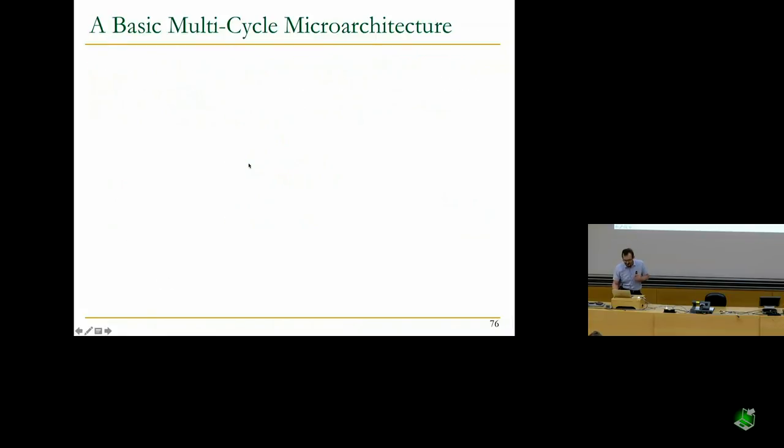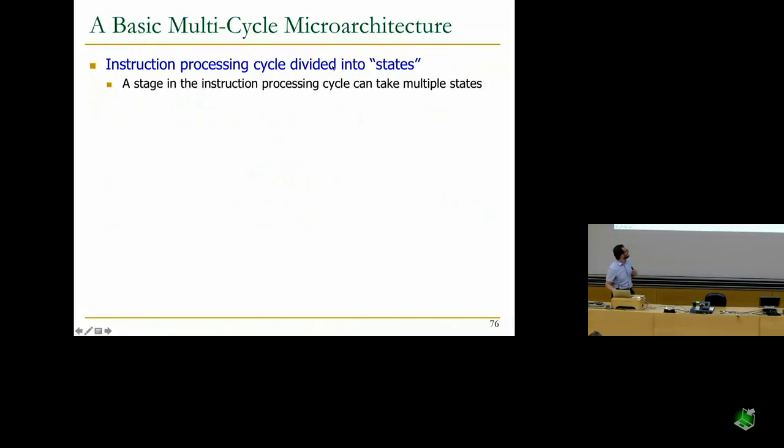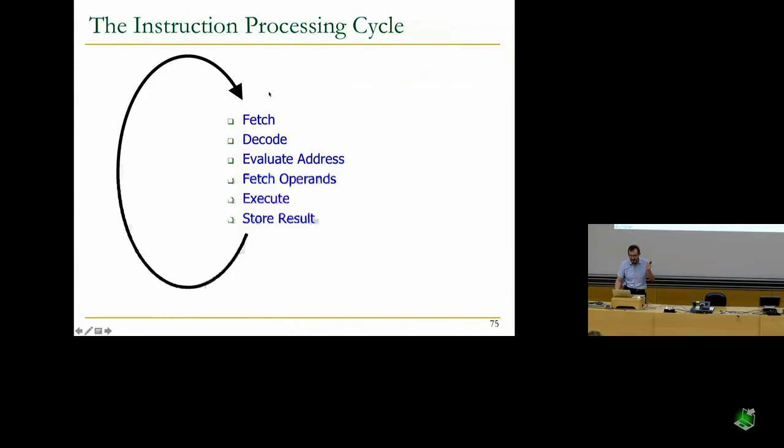Okay. So in a basic multi-cycle microarchitecture, we already said this instruction processing cycle is divided into states. A stage in the processing cycle can take multiple states. So let me go back to the previous slide. This is the processing cycle. There are 6 stages. These could be multiple cycles themselves, or multiple states. So this could be 6 times 3, for example, or it could be imbalanced, right?